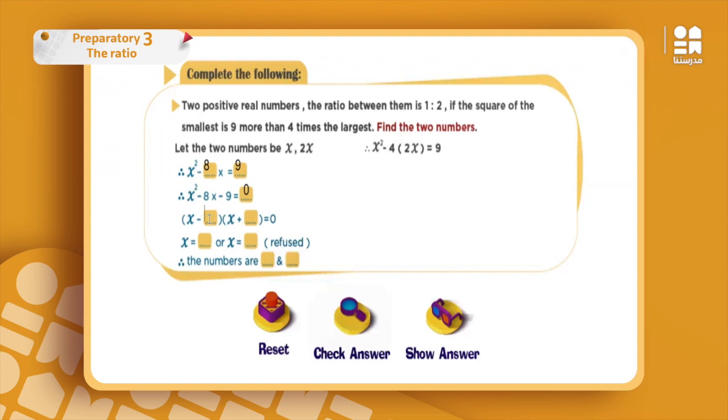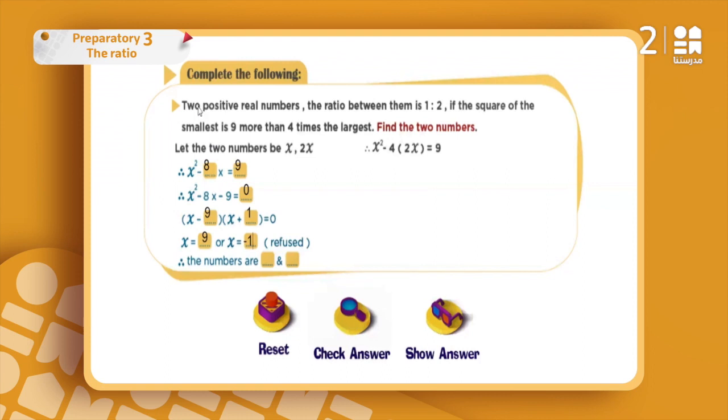The greater number is 9 and the smaller number is 1, so the difference between them is 8. And now x is equal to 9 or x is equal to negative 1.